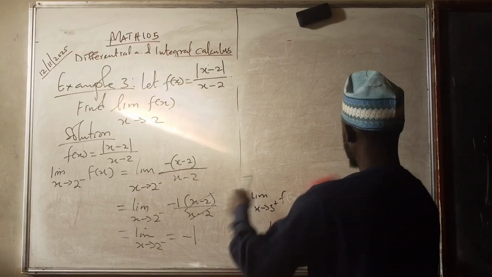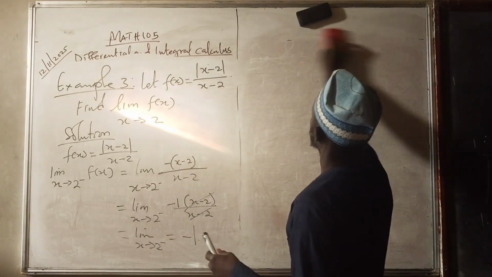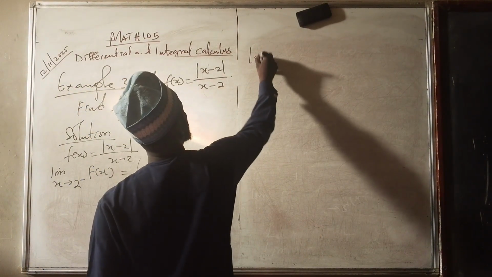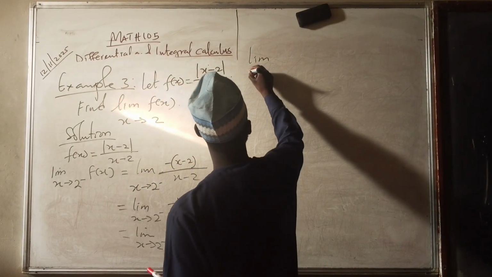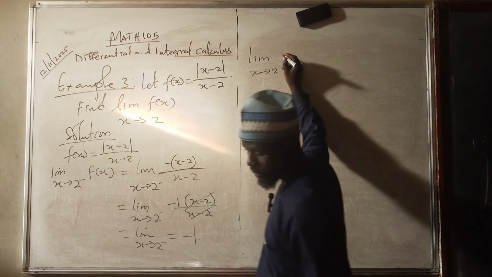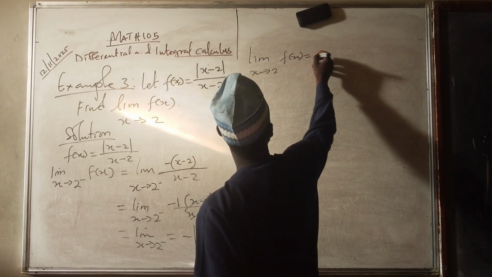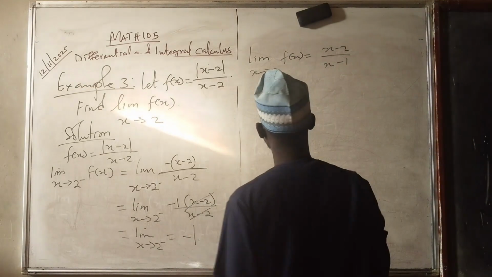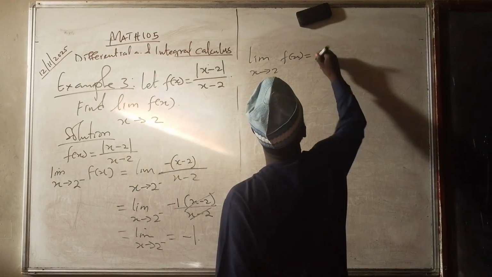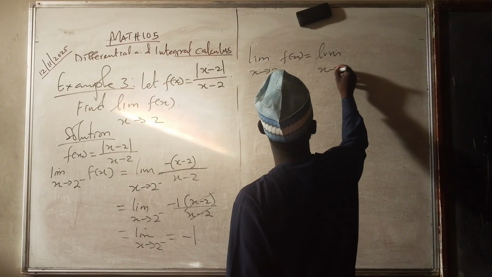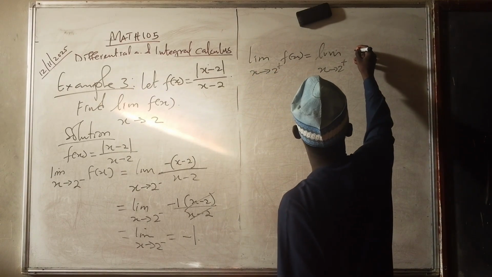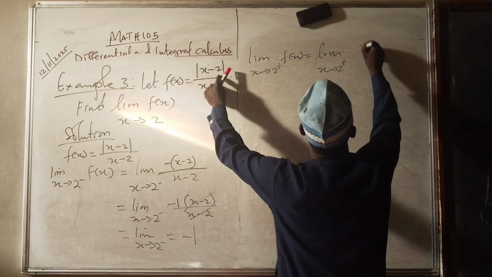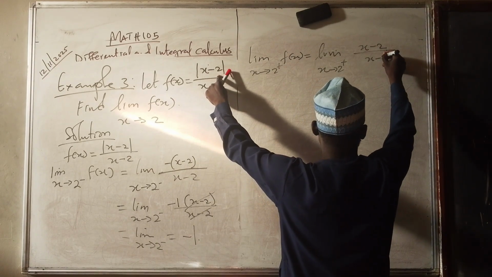So let's look at the right-hand limit. The limit as x tends to 2 from the right of f of x is equal to x minus 2 over x minus 2, because to the right, the absolute value is just x minus 2.